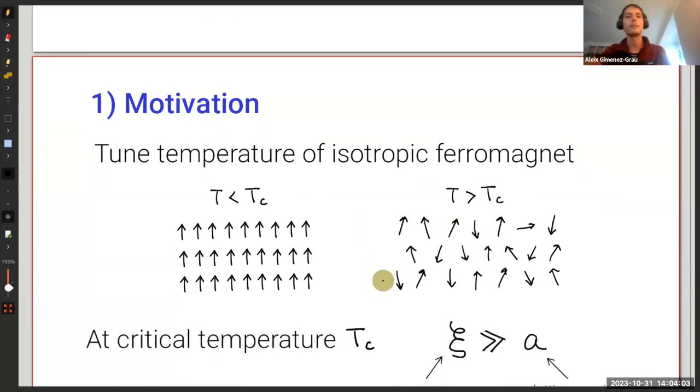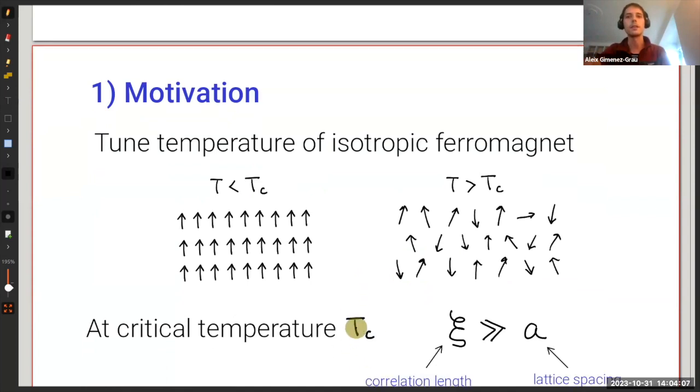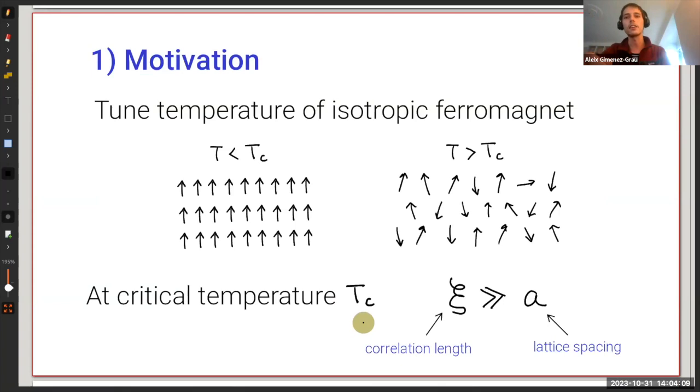And precisely at the critical temperature, which sometimes people call the Curie temperature, interesting things are going on, and in particular, there's some correlation length which becomes very, very large. Particularly, it's much larger than the lattice that you are studying. In this limit, what you have is some kind of continuum field theory. So we are going to be quite interested in being near this regime of the critical temperature.